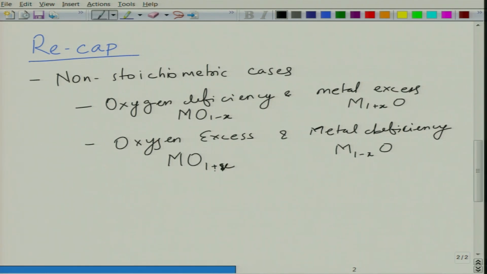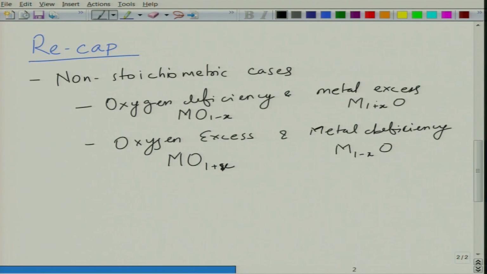Okay. So, essentially in the first case you form vacancies of oxygen, and they can be compensated either electronically by forming electrons, or by reduction of metal at metal sites. In case of metal excess, you form metal interstitials, which can be again compensated by formation of electrons or reduction of metal site. Generally, you do not talk about changes in the cation valences.